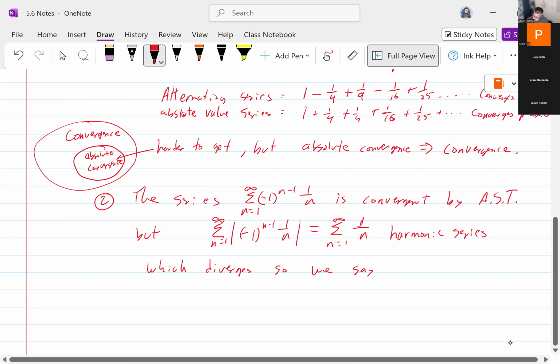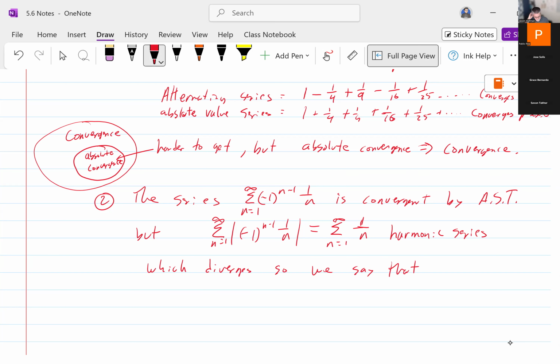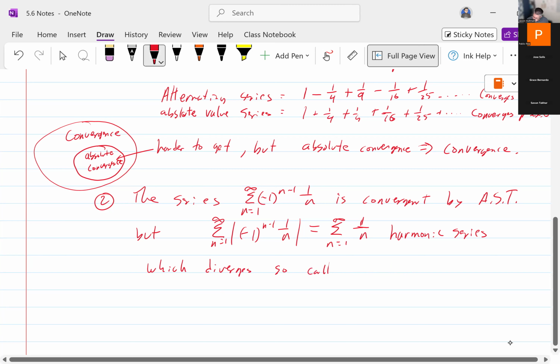So we call the original series, the summation n equals 1 to infinity of negative 1 to the n minus 1, 1 over n, conditionally convergent.